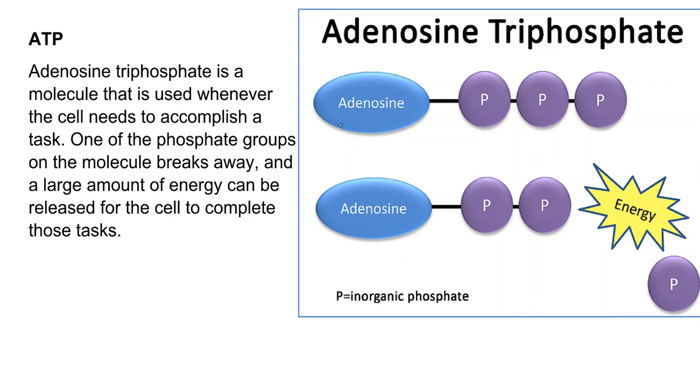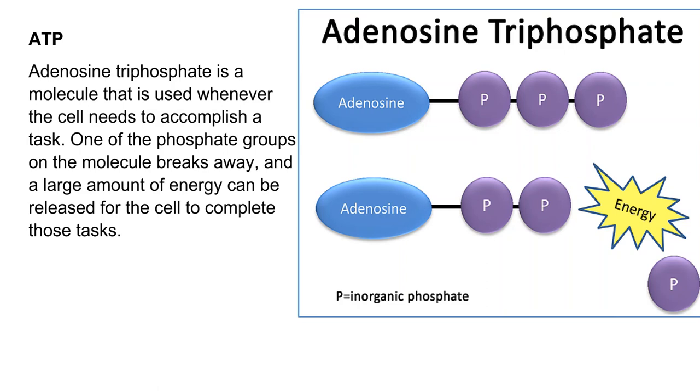Then there are 1, 2, 3 phosphates, so we call it adenosine triphosphate. It is a molecule that is used whenever the cell needs to accomplish a task. The third phosphate breaks away and energy is released. A large amount of energy can be released so that the cell can complete those tasks.